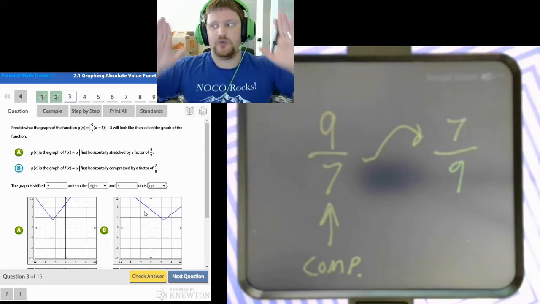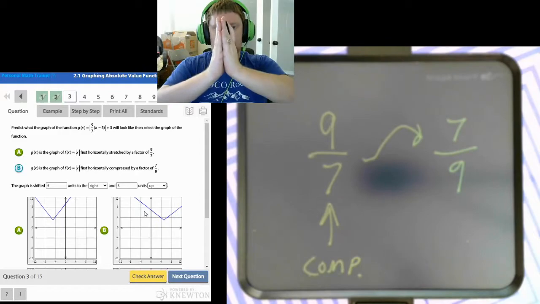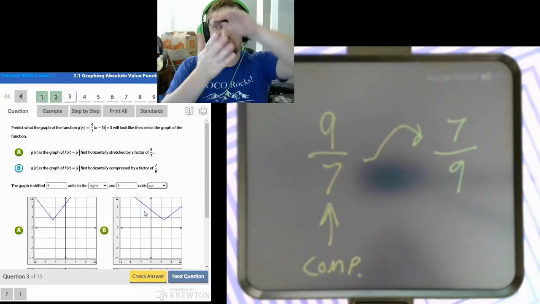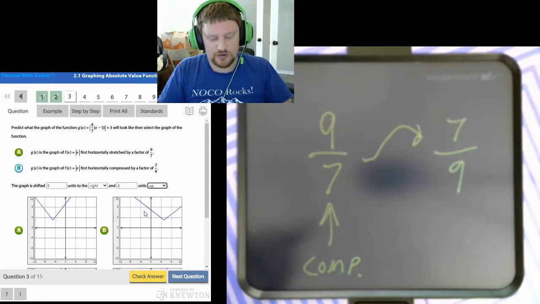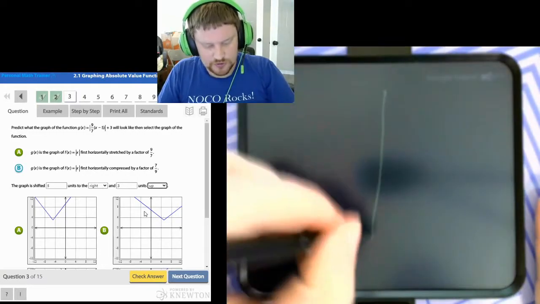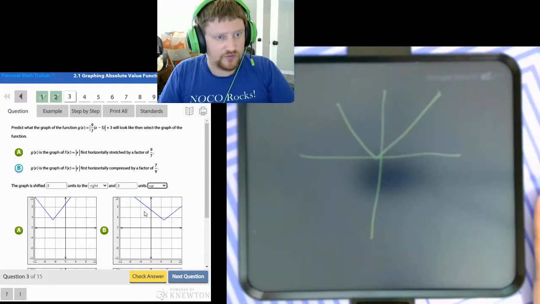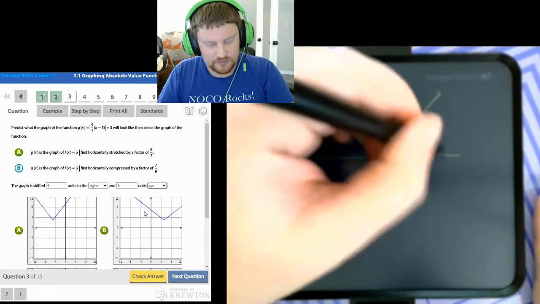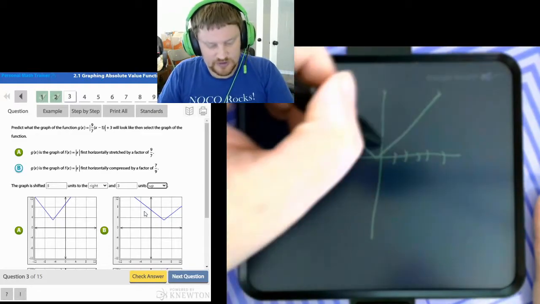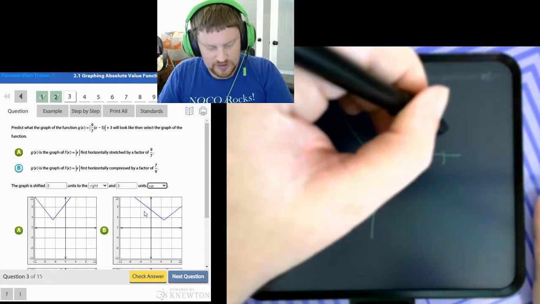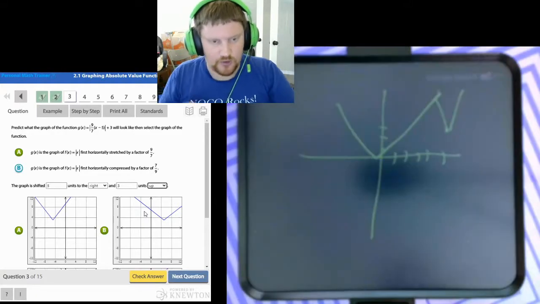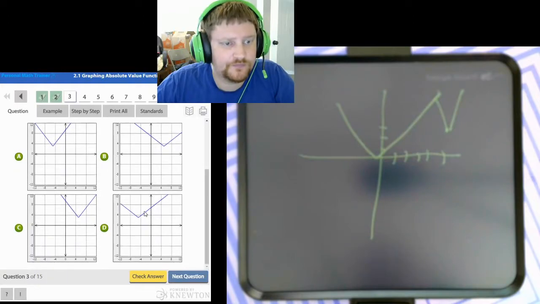A horizontal compression means we should push it in this way, so a horizontal compression is the same as a vertical stretch. So our graph should go from looking like this. We're going to move it 5 units to the right, 3 units up, so right here, and it should be narrower. Looks like it's going to be C.